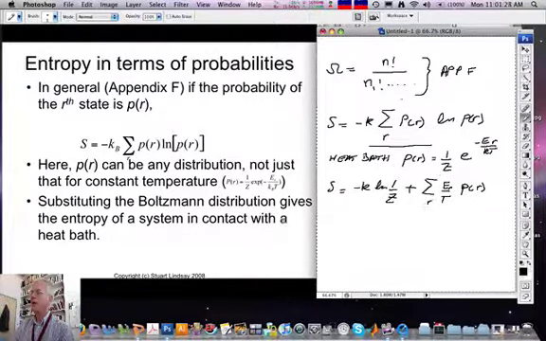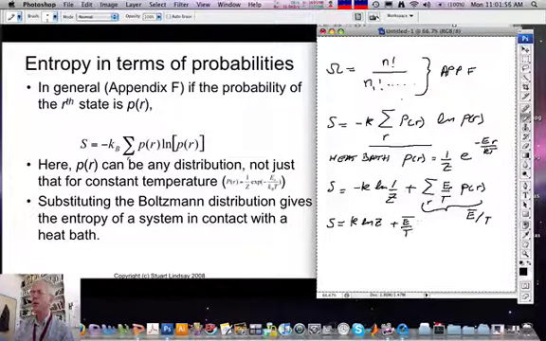Now this sum here is just the definition of the thermally averaged energy of a system in contact with a heat bath, divided by T, of course. So we can then write the definition of entropy now in terms of log Z, where the bar means the thermally averaged value of energy.